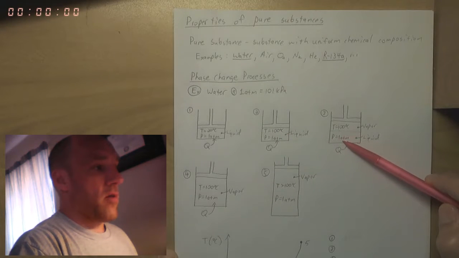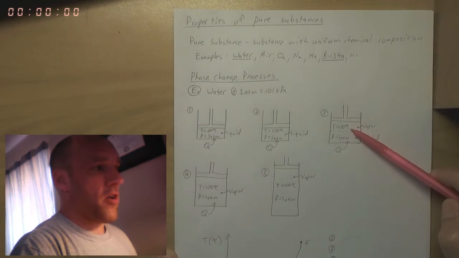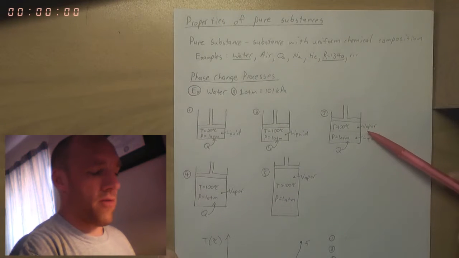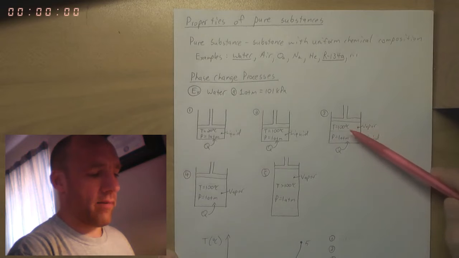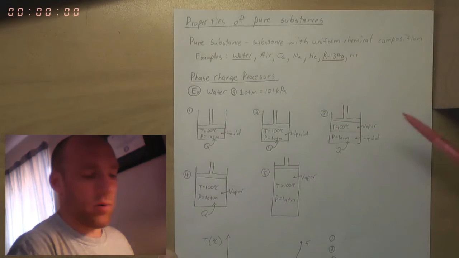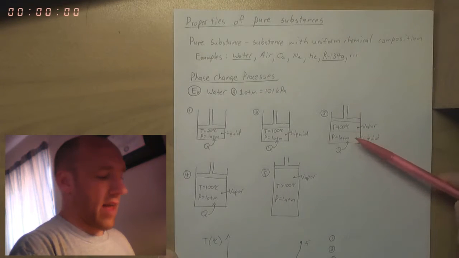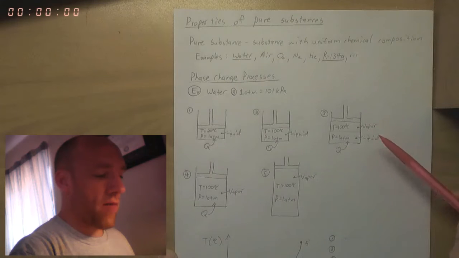So the pressure's 1 atmosphere, the temperature's still at 100 degrees C, but now I'm starting to vaporize some of the liquid, so I'm starting to get vapor forming above the liquid.